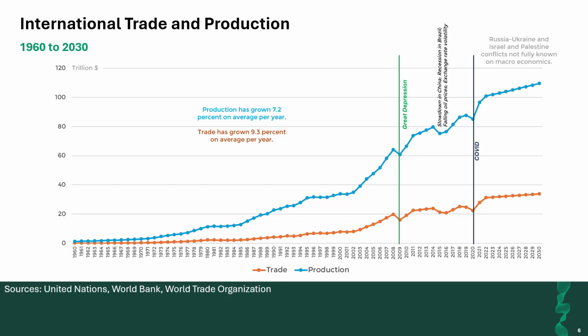We also had a slowdown in China, a recession in Brazil, falling oil prices, and exchange rate volatility that affected the world economy in 2015 and 2016. Now, the Russia, Ukraine, and Israel-Palestine conflicts are not fully known yet in macroeconomics, so we don't see much impact on those on the chart yet. They do affect the world, but not like the Great Recession or perhaps COVID in 2019-2020.